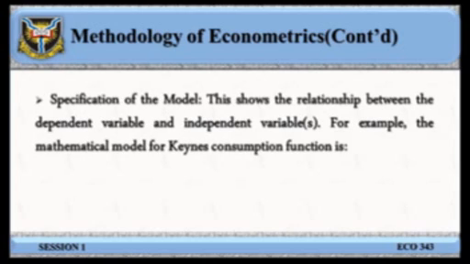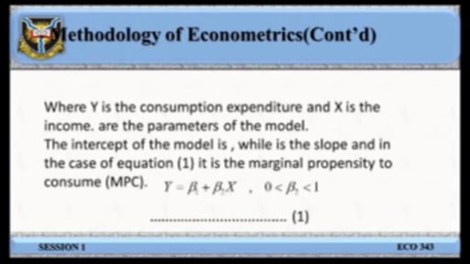2. Specification of the model. This shows the relationship between the dependent variable and independent variables. For example, the mathematical model for Keynes' consumption function is Y = β1 + β2X, 0 < β2 < 1, equation 1, where Y is the consumption expenditure and X is the income. β1 and β2 are the parameters of the model.